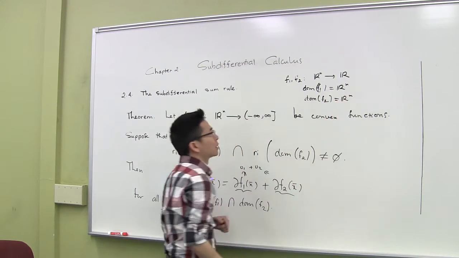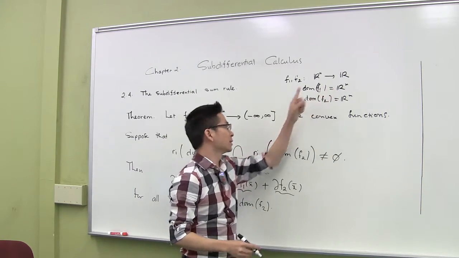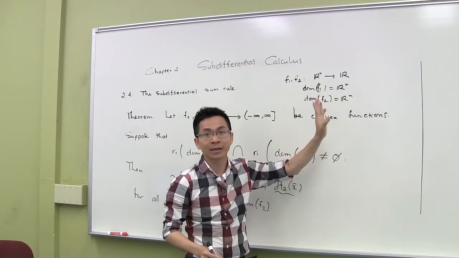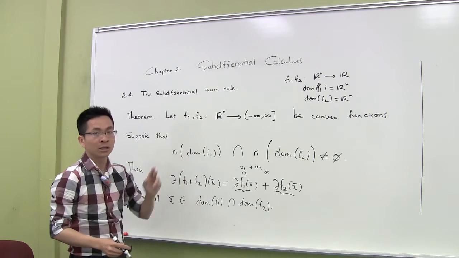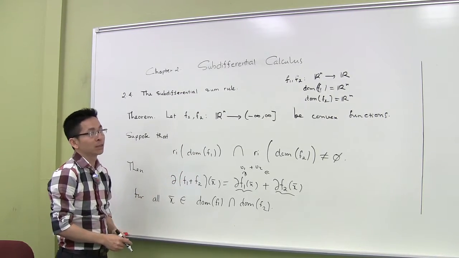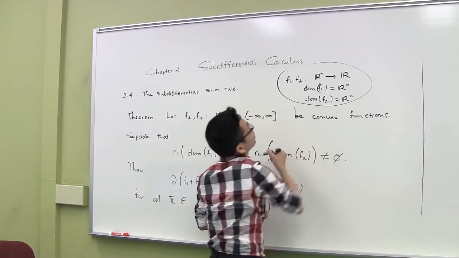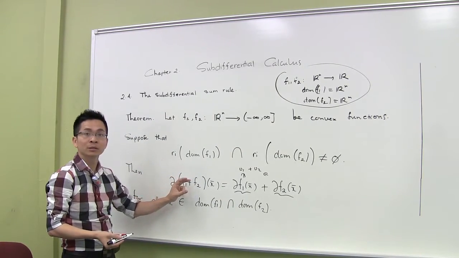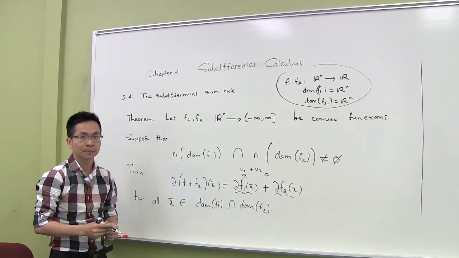So the relative interior of each domain is also Rn, and the intersection is Rn, which is non-empty. Therefore, this condition is always satisfied, and so we have the subdifferential sum rule. So for two convex functions with real values, without any condition, we have this subdifferential sum rule. This is a very, very nice and useful result.